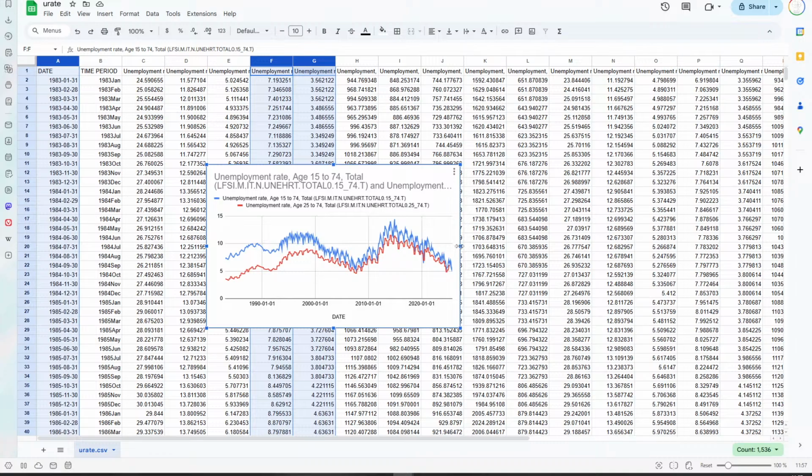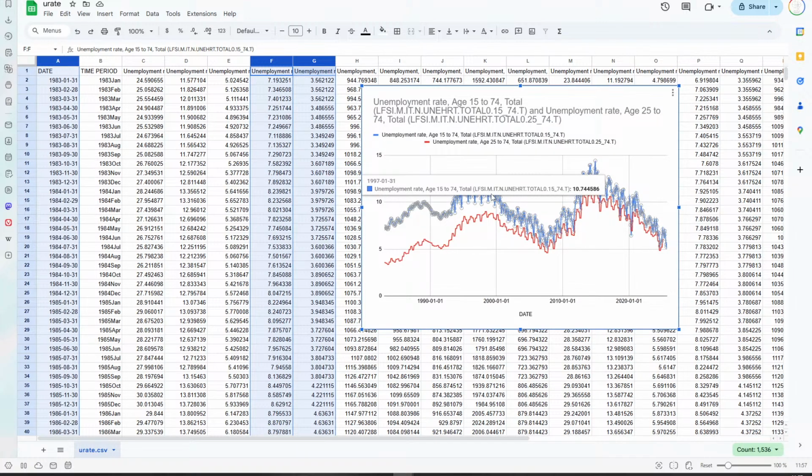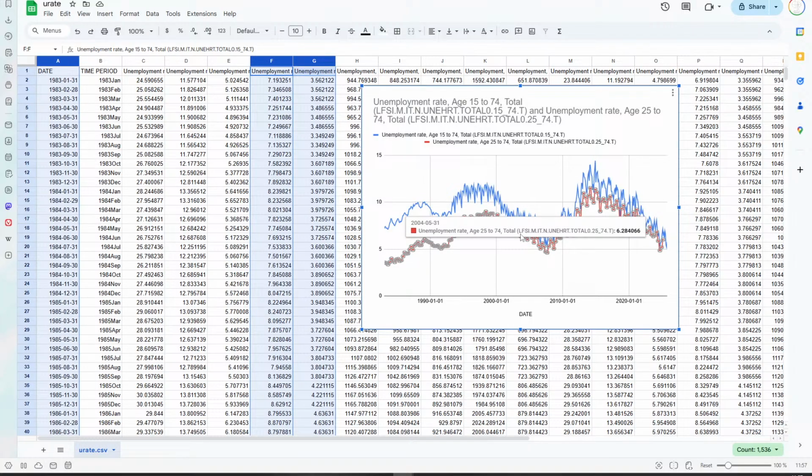It's a question of many factors, and it's probably the composition of the economy, because the economy in the 1980s was not the economy that we have now. It was all nationalized, and when you start to privatize stuff, then people become unemployed. You see here the red line, it's the adults unemployment, was lower in the 1980s, was 3.5%.